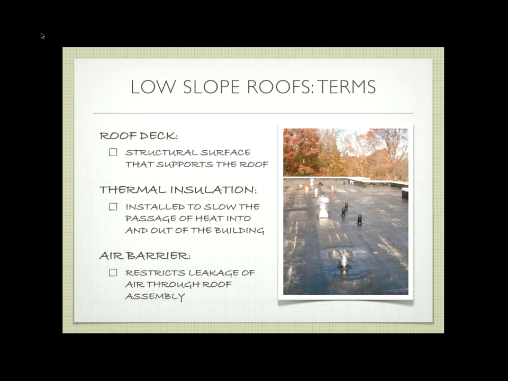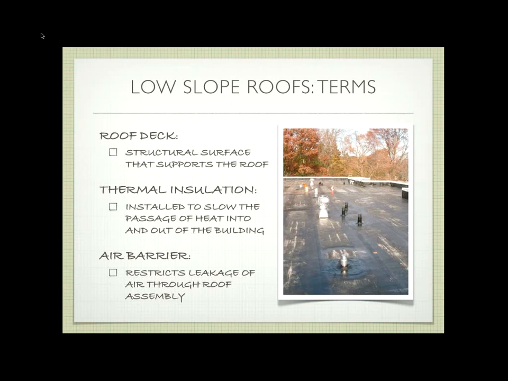Terms to get used to when we're talking about low slope roofs. The roof deck is the structural surface that supports the roof. We've already covered this in pretty big depth along the way, so that shouldn't be too hard. We have some form of thermal insulation that's installed to slow the penetration of heat or cool.